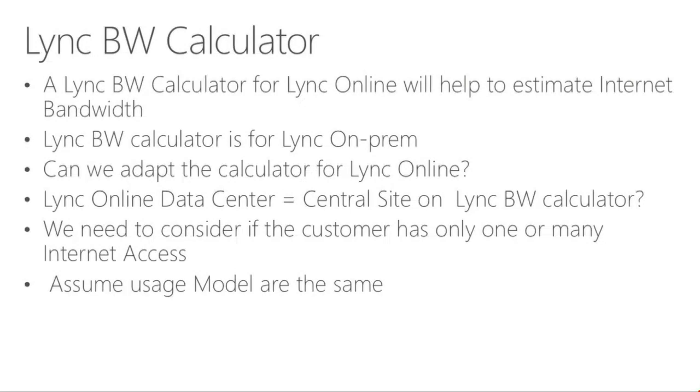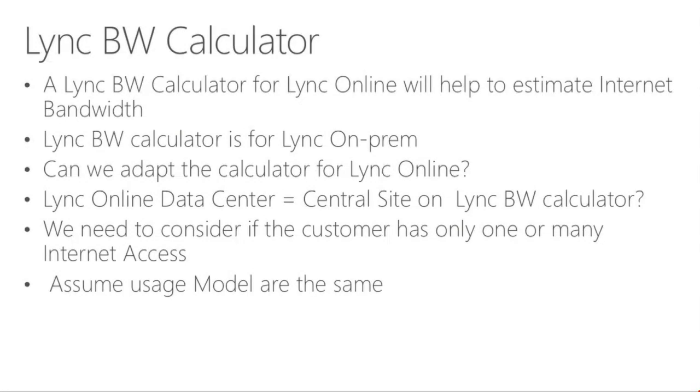So for instance, in the Lync bandwidth calculator, we have a central site. We can add central sites into the calculator, and then attach some branches to that central site, and from there I can start to build my scenario and do the math. So in this case, a central site is going to be like a Lync Online data center.